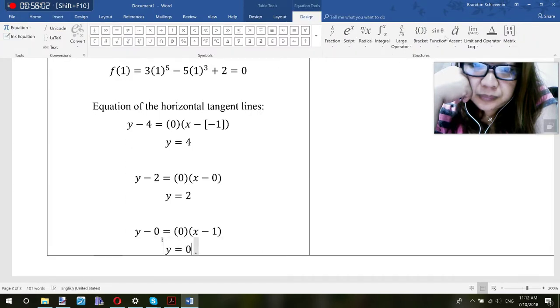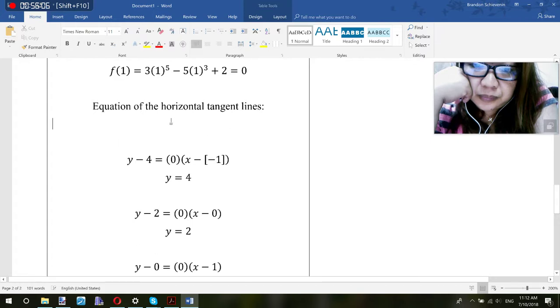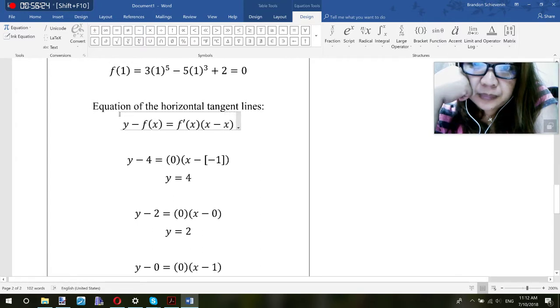Okay, I went a little bit fast on that last part. So I'm going to write my general form for the equation of those lines one more time up here. What I just did was y minus f of x is equal to f prime at x times x minus x.